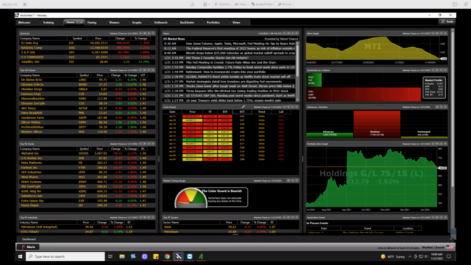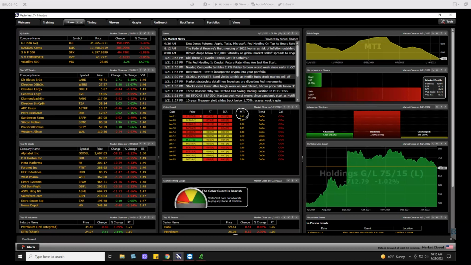And without going into a tremendous amount of detail, let me just tell you that the MTI, Market Trend Indicator, and this is updated every day throughout the day, the Market Trend Indicator is on a scale of 0 to 2. And what that means is that if the number is above 1, it's suggesting that the intermediate term trend is up. If the number is below 1.00, the intermediate term trend of the market is down.